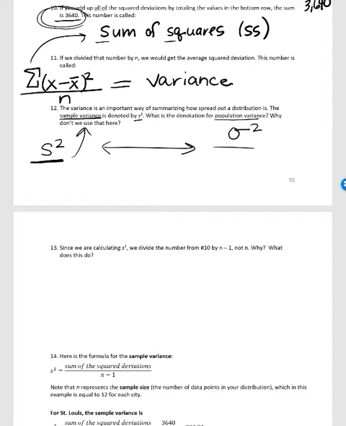So, we're talking about S squared and sigma squared. I'm just going to rewrite these two equations. From above, you sum all the squared deviations and divide by something.